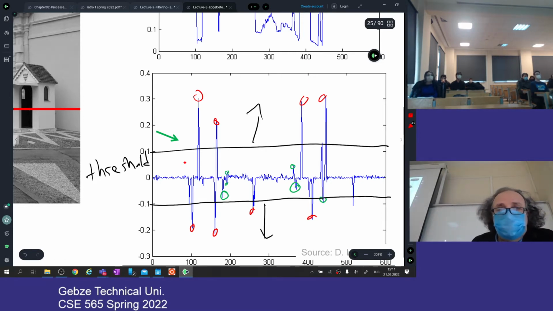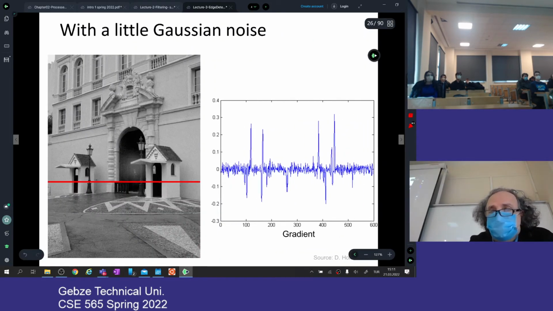The problem is, how do you determine that threshold? The threshold will change from image to image and object to object, and even on the same object in the same image, thresholds might be different. So we will look at this problem later. Okay, so good.